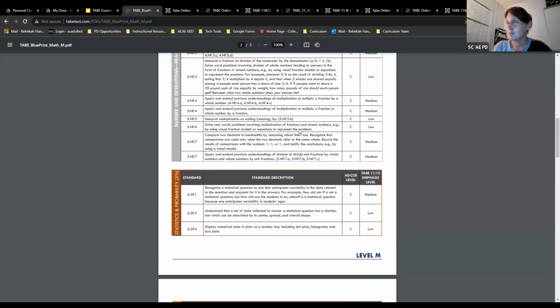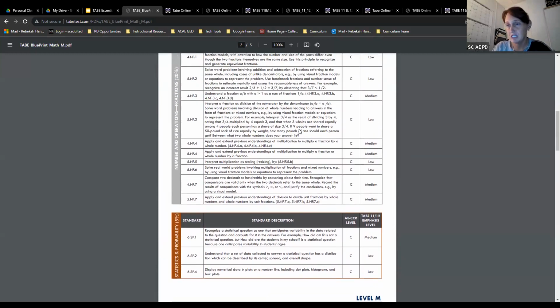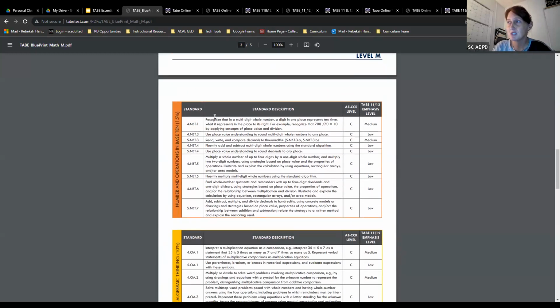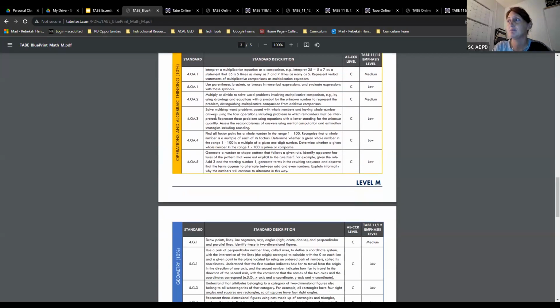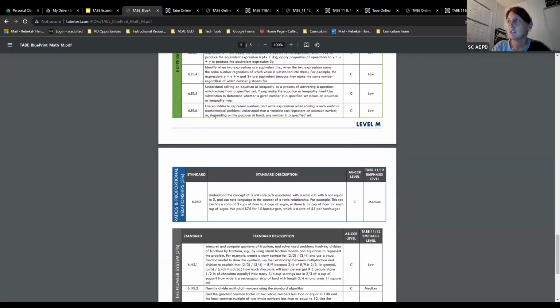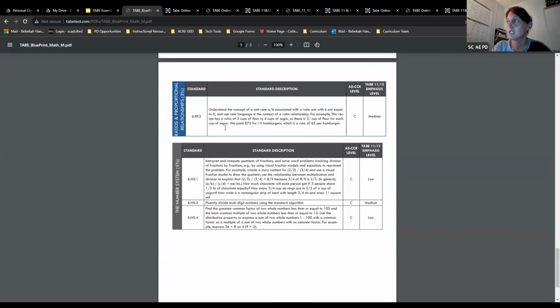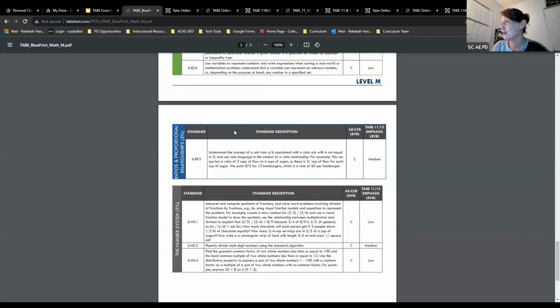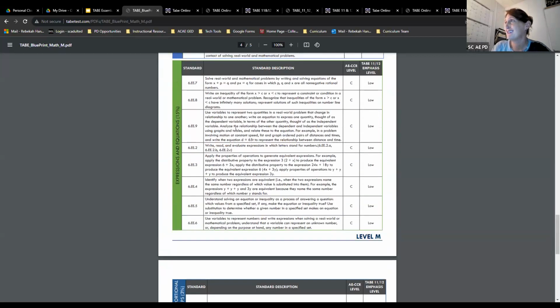So if your instruction in your classroom is just GED geared, you may want to pause and go back to this blueprint and make sure you're picking up some of the TABE math skills that maybe aren't present on the GED. For the most part, they're similar, but there are a few differences that you'll see. Much like WIN. I'm sure if you're working with WIN, you've seen that as well.